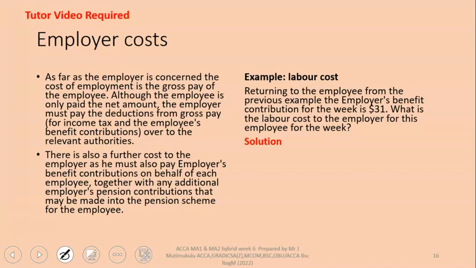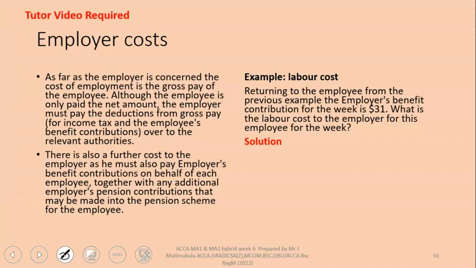There is also a further cost to the employer, as he must also pay employers' benefit contributions on behalf of each employee, together with any additional employer's pension contributions that may be made into the pension scheme for the employee. Returning to the employee from the previous example, the employer's benefit contributions for the week is $31. What is the labor cost to the employer for this employee?